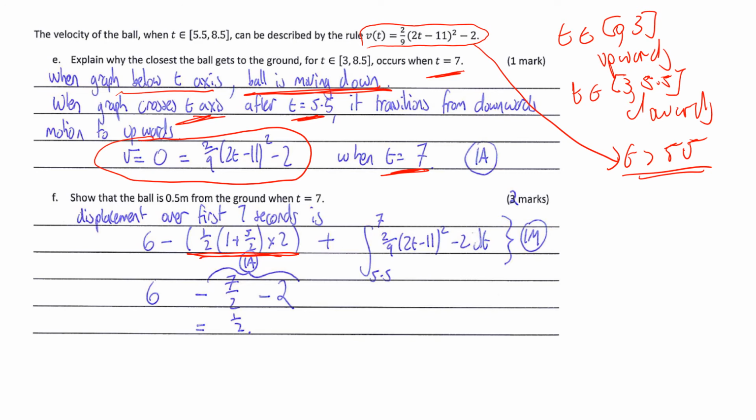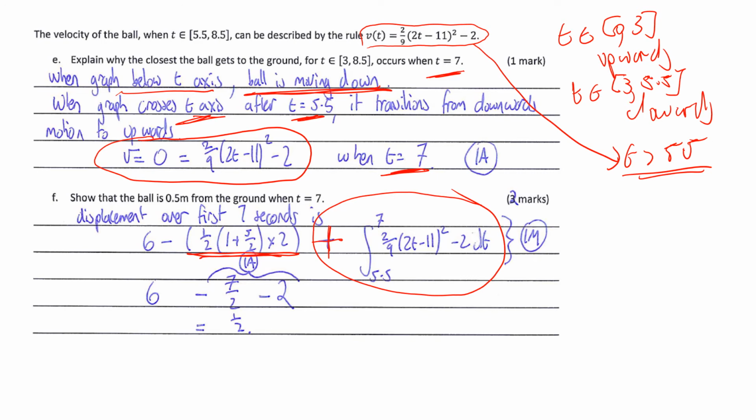So now that we know that it's crossing the t-axis at t equals 7, we need to work out the net signed area between that curve and the t-axis from t equals 5.5 to 7. Now, if you notice, I've written plus because that curve is below the x-axis, it'll give me a negative signed area, which is what I want in this particular calculation.